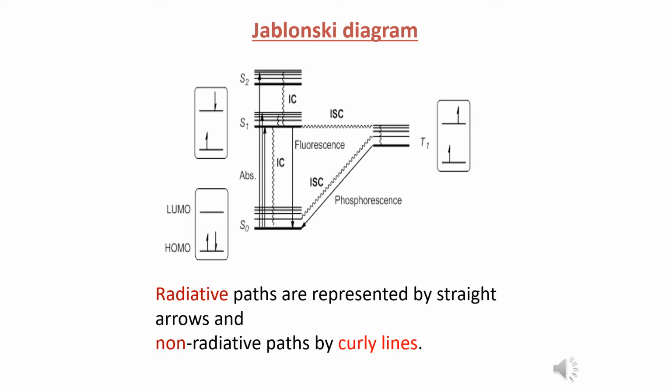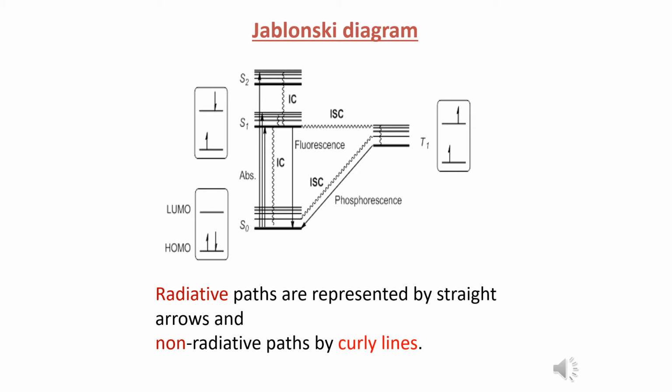Here first the molecule is excited from the S0 level to S2. S1 and S2 are singlet states. Singlet state means spin multiplicity equal to 1. In the ground state, two electrons have opposite spins, one electron having opposite spin to the other.